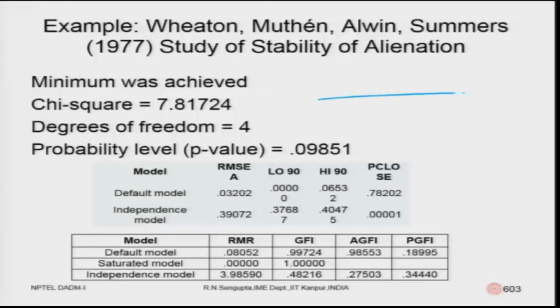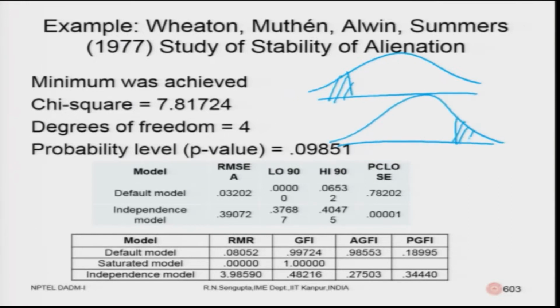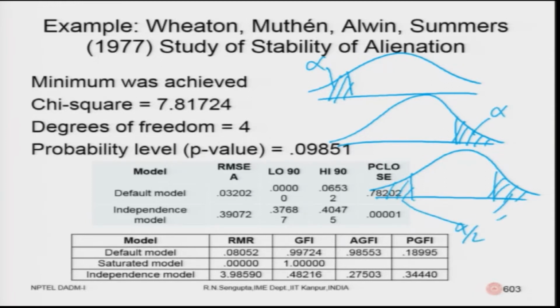For a right hand test, we will consider the whole level of significance on the right hand side, and if it is a two tail test, we will basically divide it equally. So, this is alpha, and the sum of them would be alpha, such that they will be equally divided, alpha by 2 on the left and the right hand side.